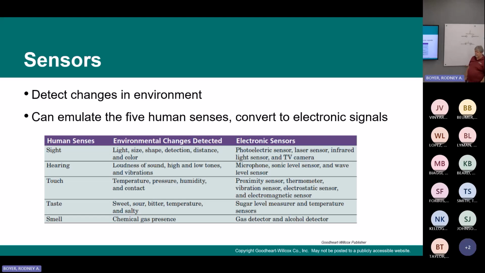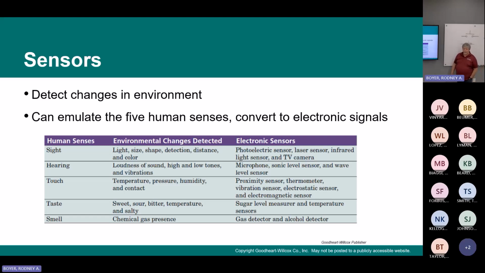Hearing: loudness, high and low tone, vibration, such as microphone, sonic level, wave level. Touch: temperature, pressure, humidity, contact. Taste: sweet, sour, bitter, salty, sugar level measurer, and temperature sensors. Anybody know what a sugar level measurer is called? No. I didn't know.